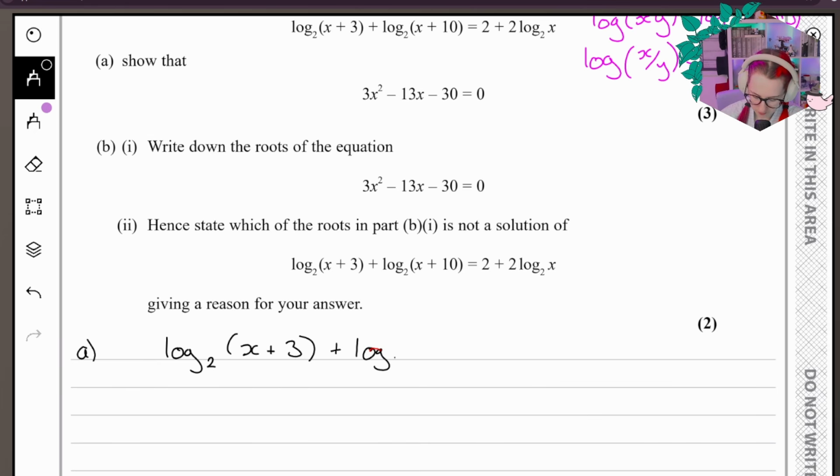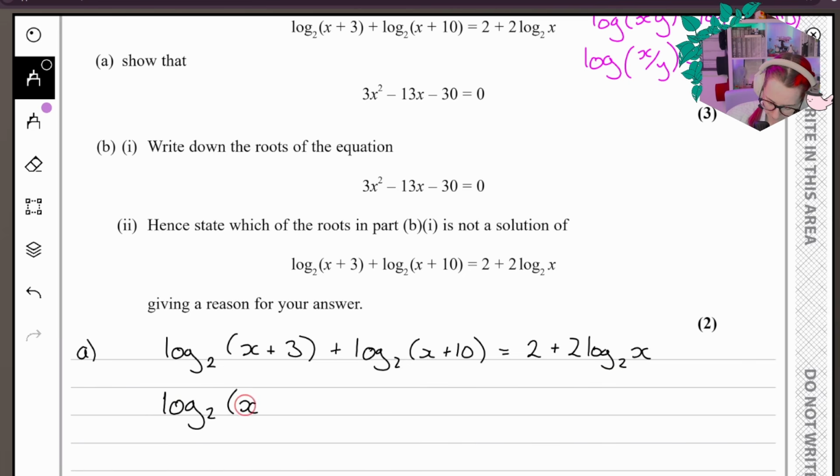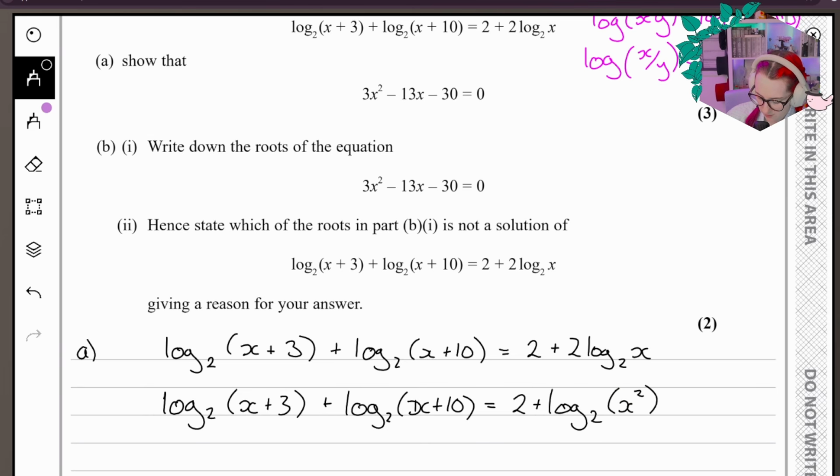So log 2 of x plus 3, plus log 2 of x plus 10, equals 2 plus 2 log 2 x. Okay, so I can use the first log law to give me a power in my bracket. So it's log 2 of x plus 3, plus log 2 of x plus 10, is 2 plus log 2 of x squared.